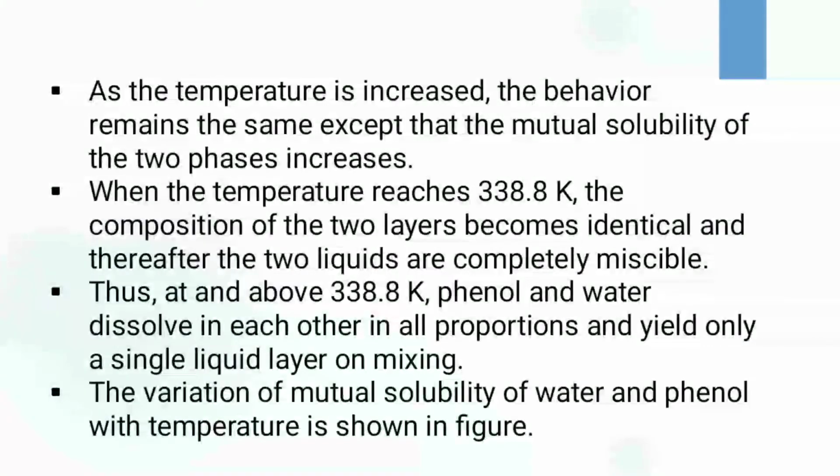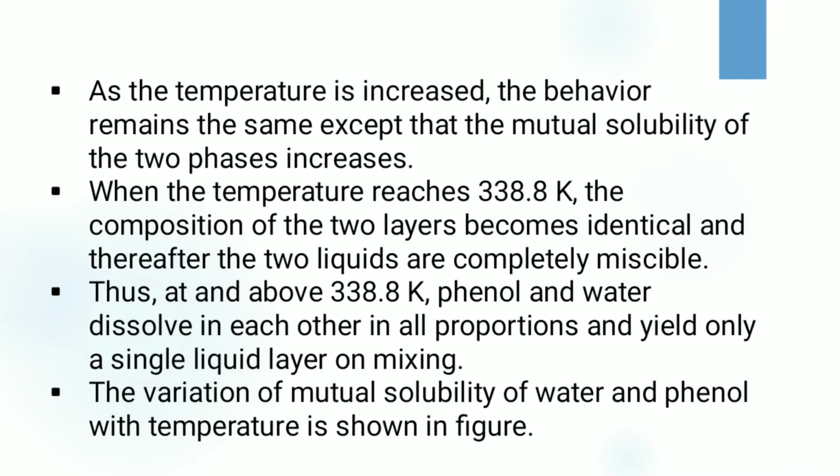Then, as the temperature is increased, the behavior remains the same except that the mutual solubility of the two phases increases. When the temperature reaches 338.8 Kelvin, the composition of the two layers becomes identical and thereafter the two liquids are completely miscible. Thus, above 338.8 Kelvin, phenol and water dissolve in each other in all proportions and yield only a single liquid layer on mixing.